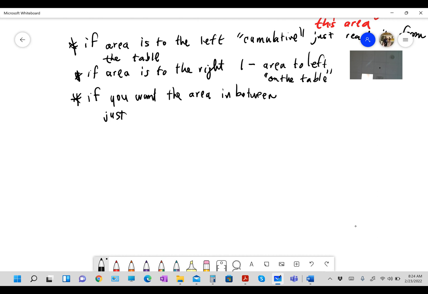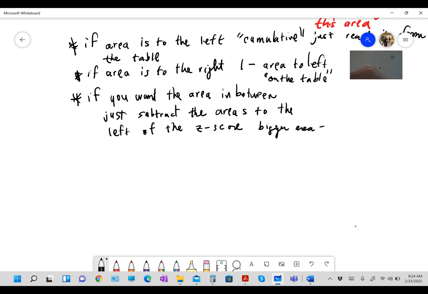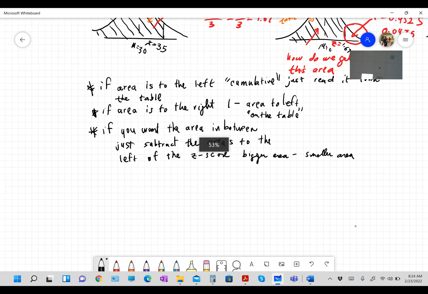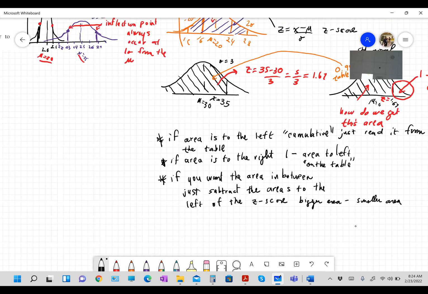Just subtract the areas to the left of the z-scores. Bigger area minus smaller area. Make sense? So far, I think so.